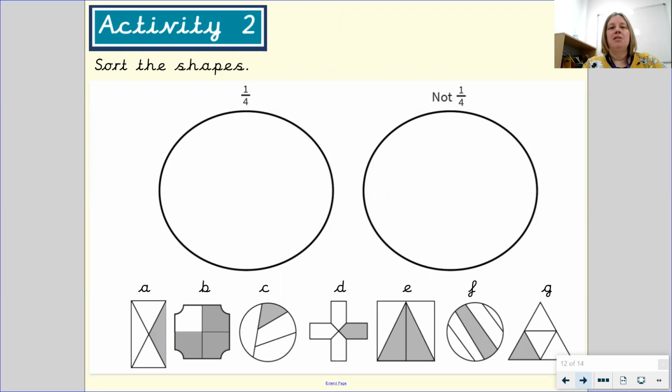Activity 2. Sort the shapes. So you need to draw a circle that says 1/4 and a circle that says not 1/4. You need to write the letters of the shapes in the correct circle. You could draw the shapes in the circles if you wanted to.